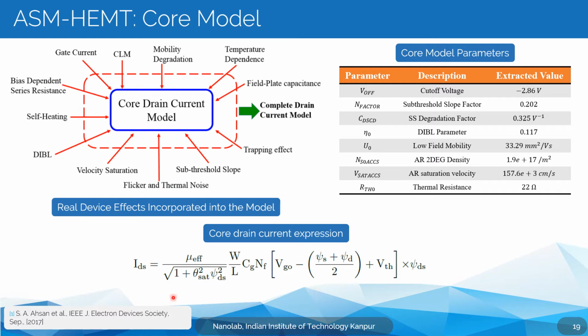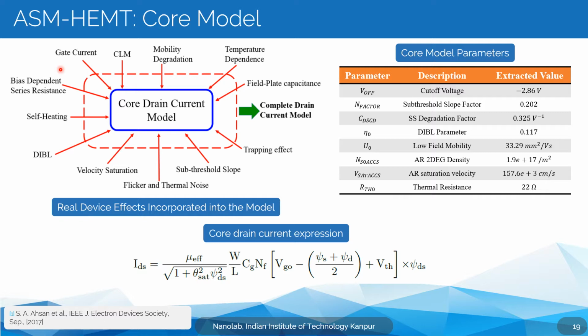Then to this drain current model, we incorporate other effects like I said: mobility degradation, temperature dependence, field plate capacitance, scaling effects, subthreshold slope, the flicker and thermal noise models, velocity saturation, DIBL, self-heating, and something quite common in GaN HEMTs, the access region resistance, because unlike MOSFETs, the entire space between the source and drain is not the actual device.